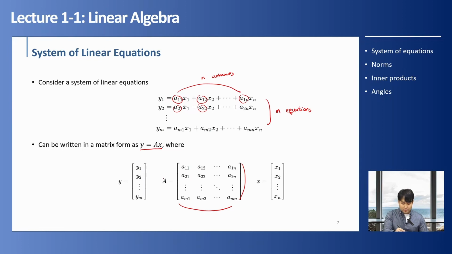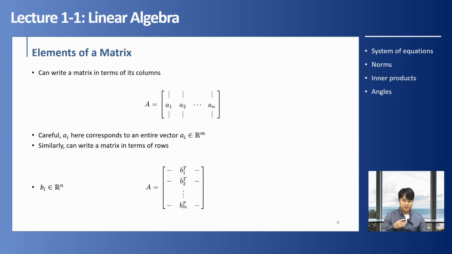Now I'd like to take a closer look at the two different ways we can view this matrix. The first way is to view the matrix in terms of its columns. The second way is to view the matrix in terms of its rows.